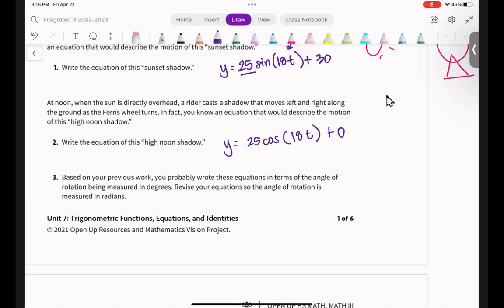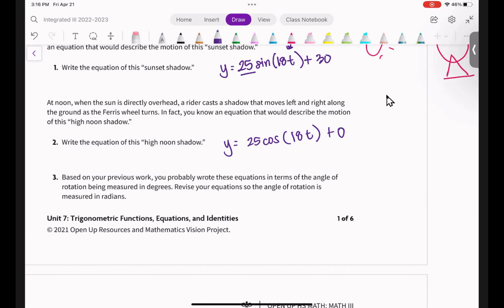Okay, so this is old stuff. This is not anything new. I just wanted to make sure that you remember this. Based on your previous work, you probably wrote these equations in terms of the angle of rotation being measured in degrees. Revise your equation so that the angle of rotation is measured in radians.